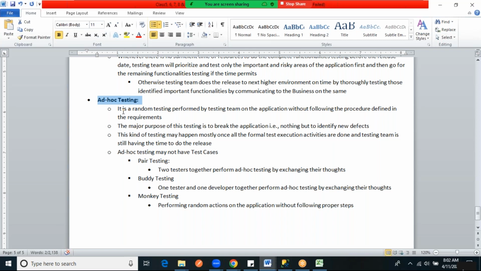Can you show the test case? Then you may say this is not there in the test case. Oh, then why didn't you analyze it at that time? Why didn't you cover it in the test case? They may ask you. Then you need to say, see, every case cannot be covered in test cases. Some things I do as ad hoc, random testing on that feature. So during that ad hoc testing, I identified this issue. That is the answer you need to give them.